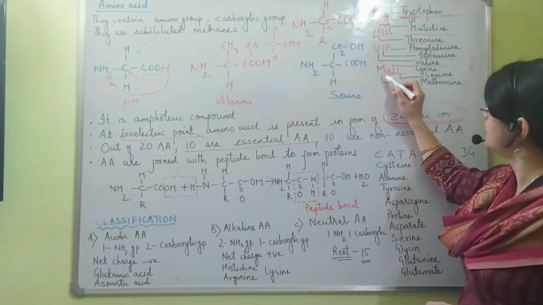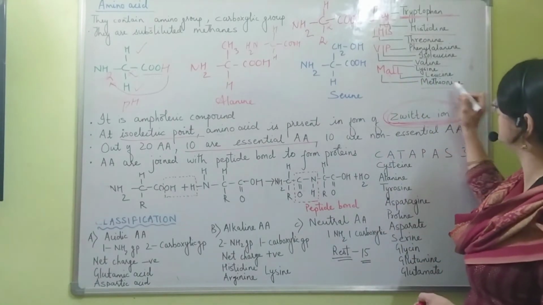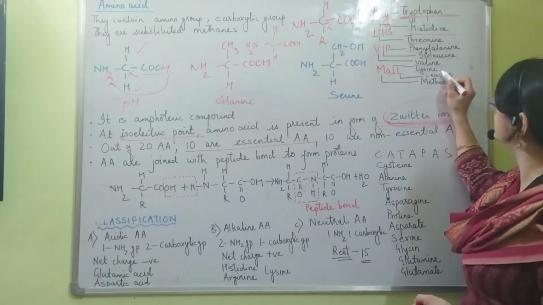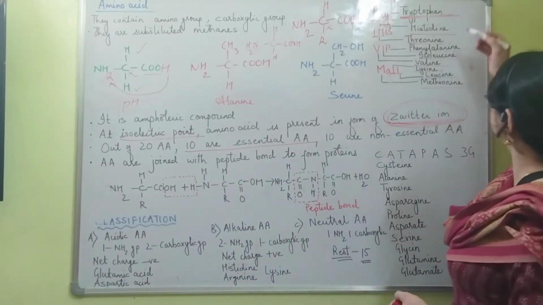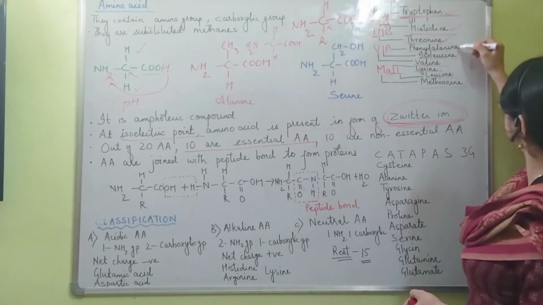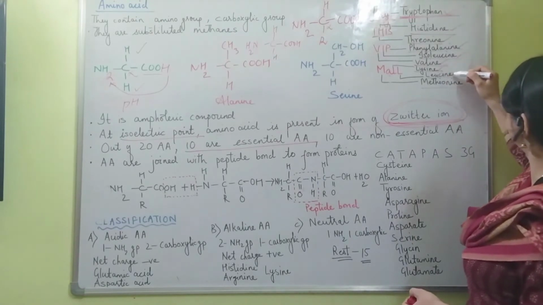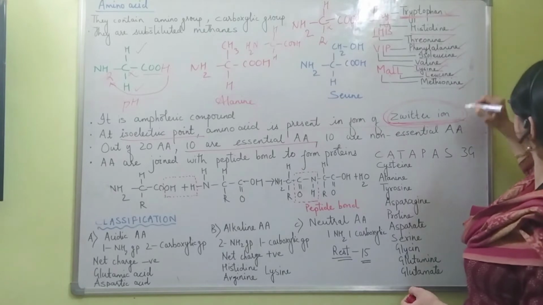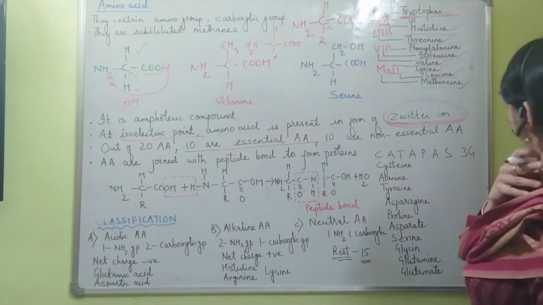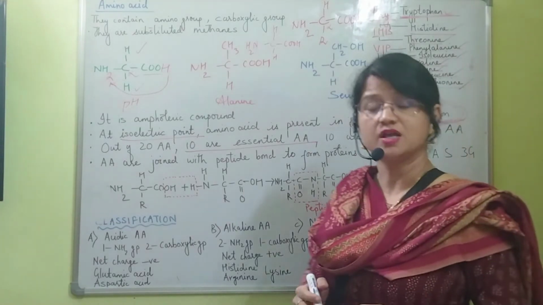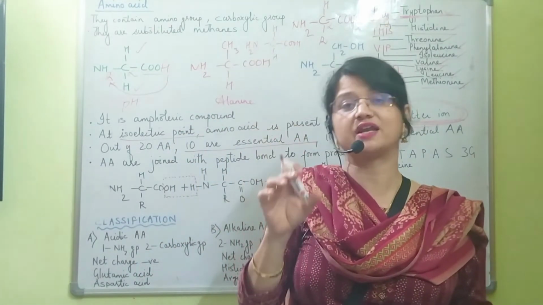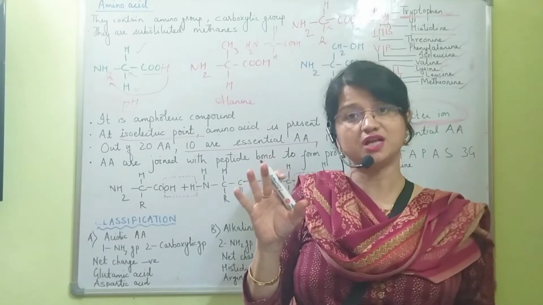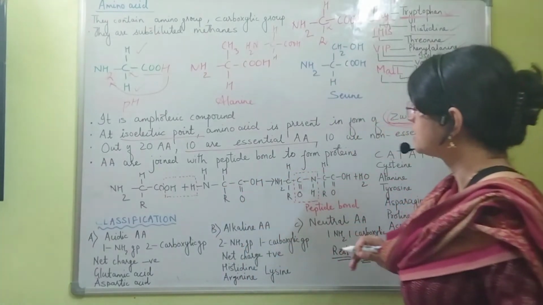In mol, M stands for methionine, L stands for lysine, and another L stands for leucine. So here we can see 1, 2, 3, 4, 5, 6, 7, 8, 9, 10, there are 10 amino acids. Clear? So by remembering this mnemonic, we can remember the 10 essential amino acids.